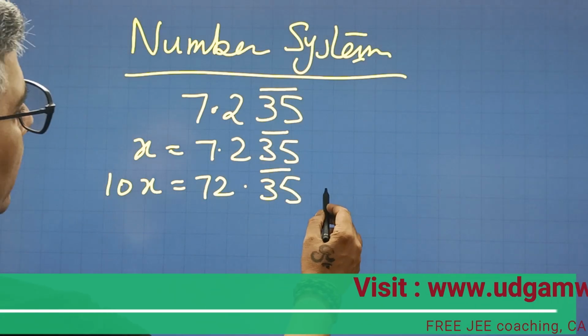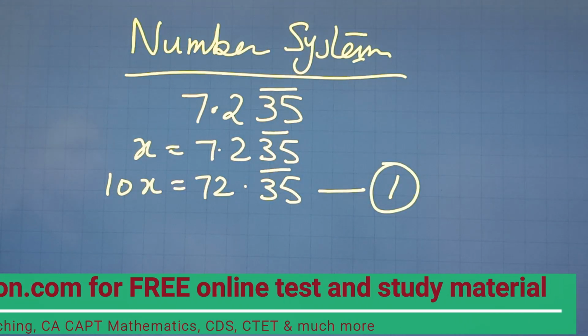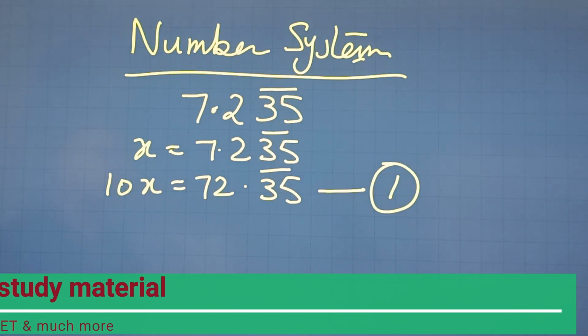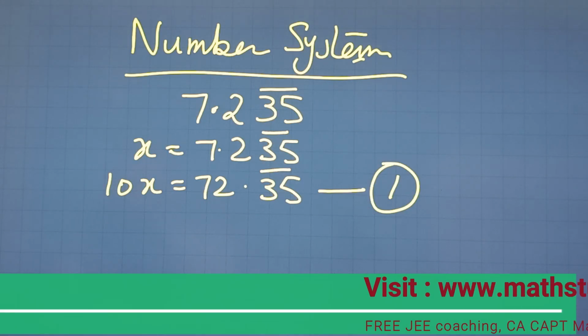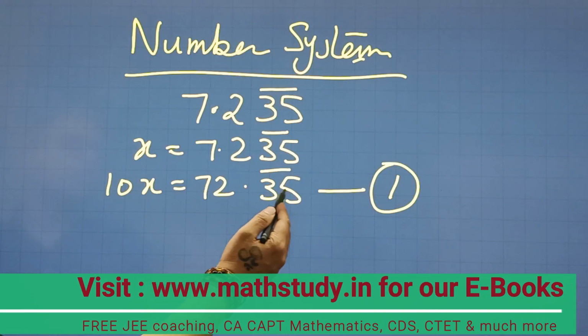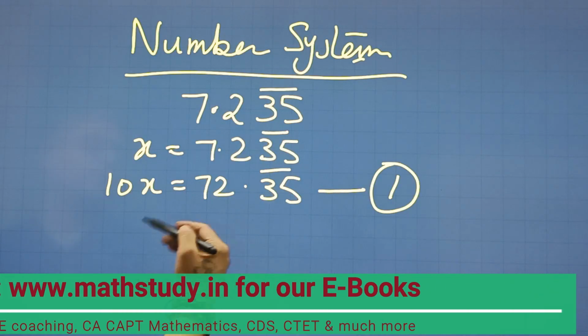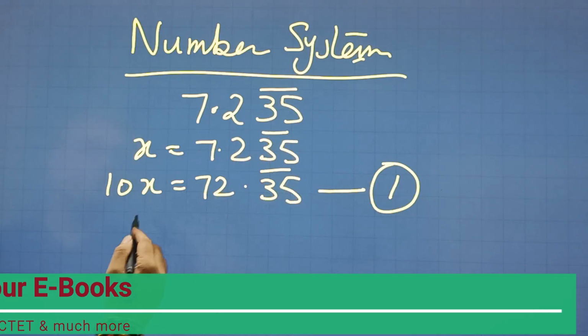Now we can write this equation as equation number 1. Now we have to apply the same method that we applied in our previous problems. There are two numbers after the decimal which are repeating. So we simply multiply equation number 1 by 100.